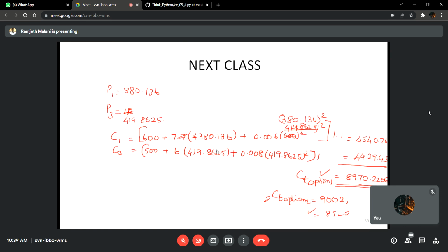In the last class we were solving the problem. What was the fuel cost for option 1? Option 1 was unit 1 and unit 3 committed.